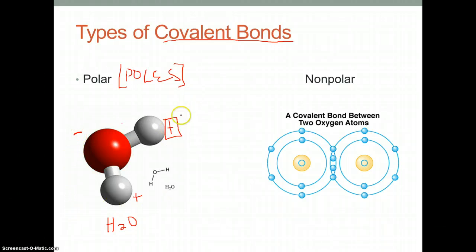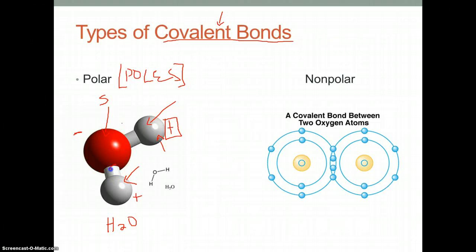So back to our diagram here. Here we have water, and we see that oxygen is strong, so S for strong, and hydrogen is weak. But oxygen only needs 2 electrons to achieve stability. So in the presence of hydrogens, it creates a sharing, or a covalent bond, and shares electrons.